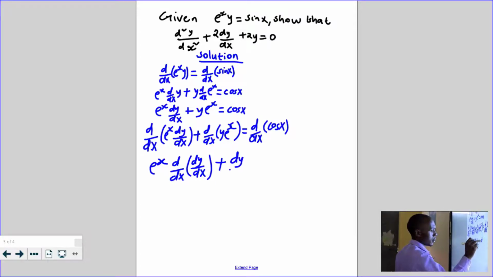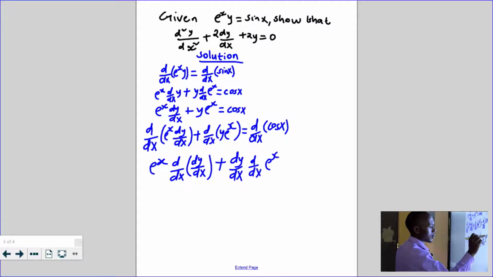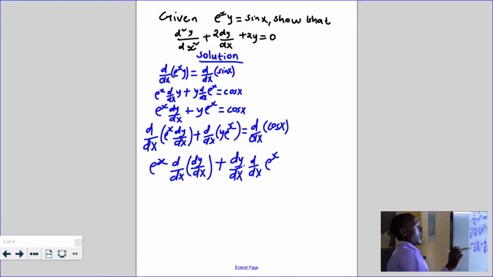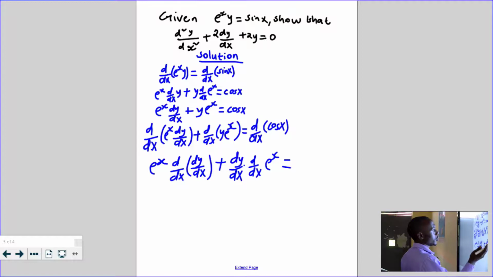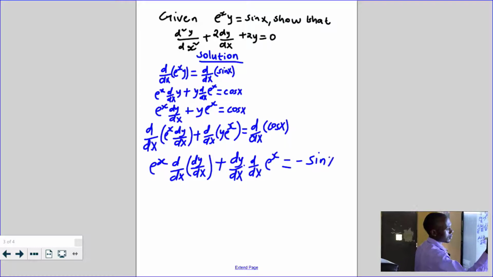Then we will now differentiate the e^x, and we also differentiate cos x. We know that we will obtain negative sin x.